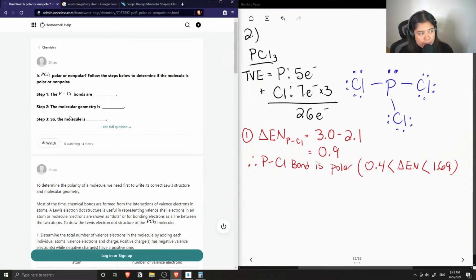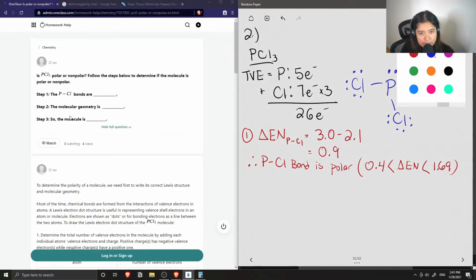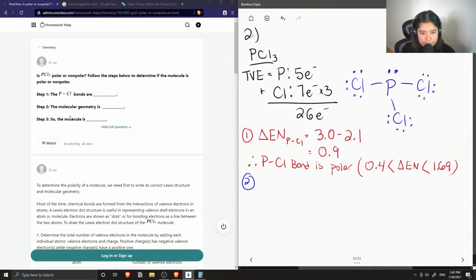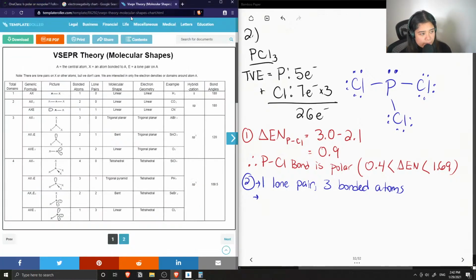Step 2 wants us to look at the molecular geometry of this molecule. So by looking at our phosphorus atom, we can see that it contains 1 lone pair and 3 bonded atoms. So if we look at a VSEPR chart, we can find out its molecular shape and electron geometry.